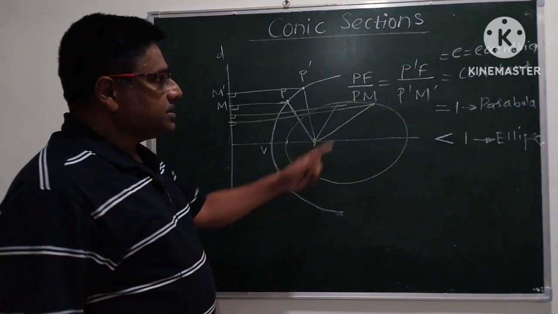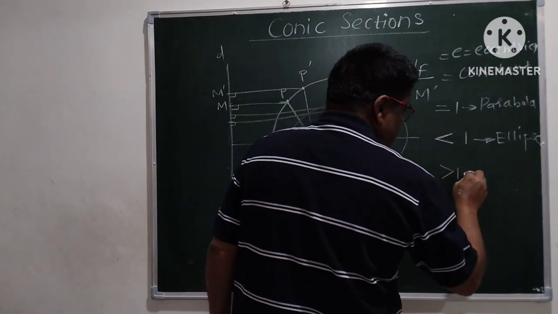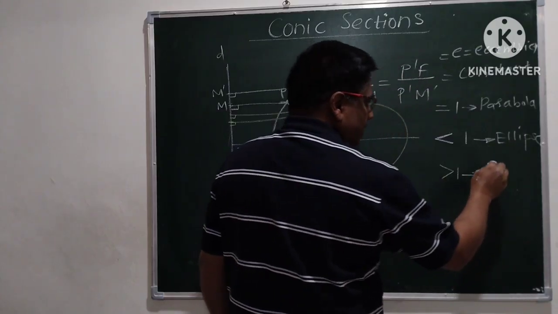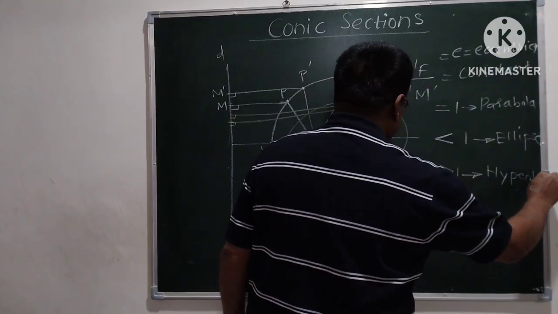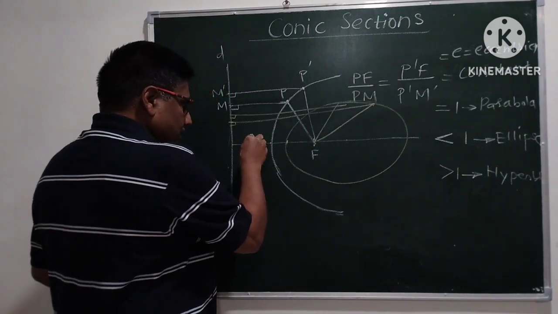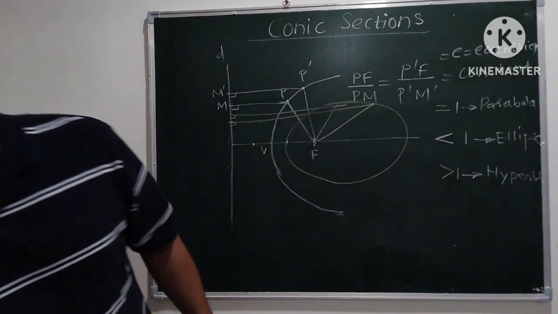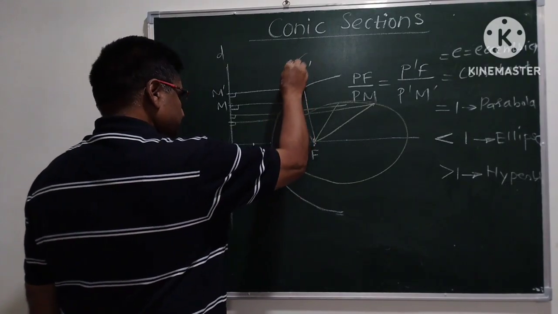And if this constant is greater than 1, then we get a hyperbola. Hyperbola will be somewhat like this.